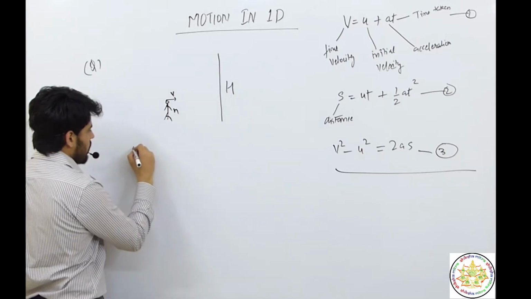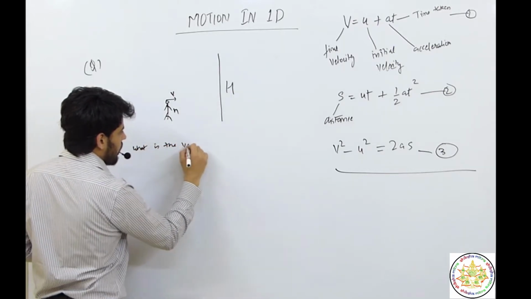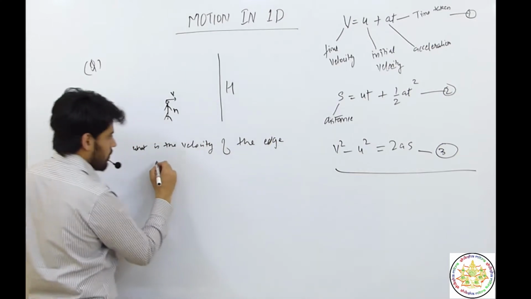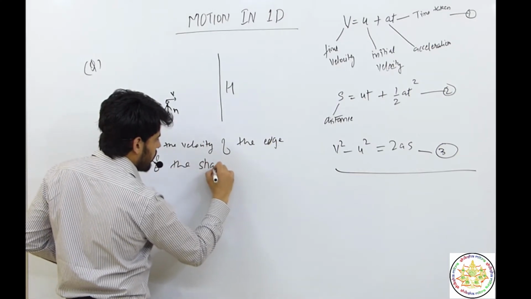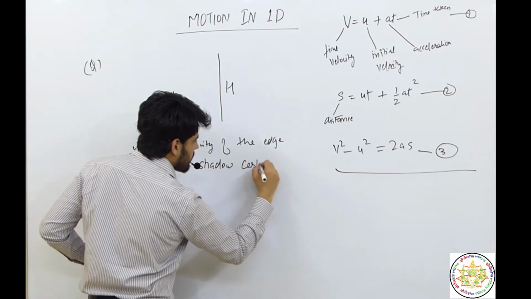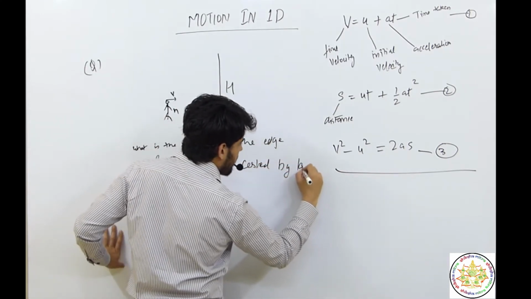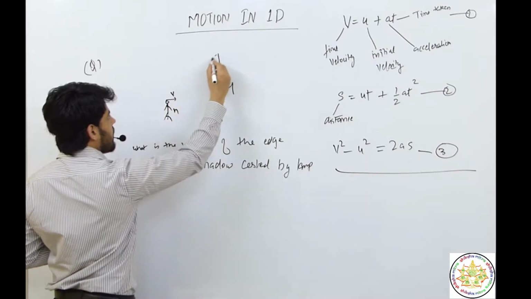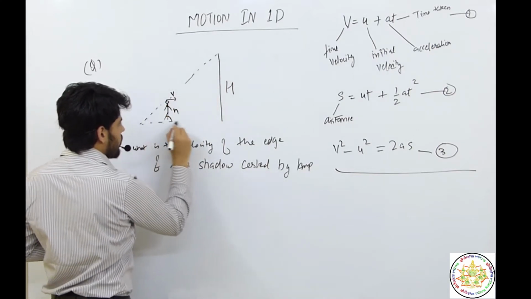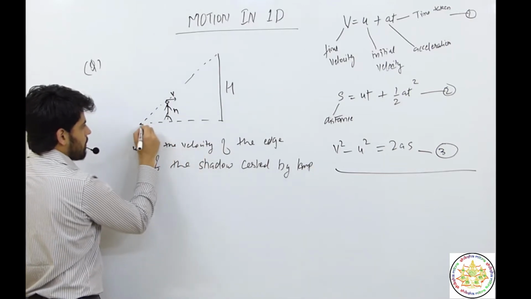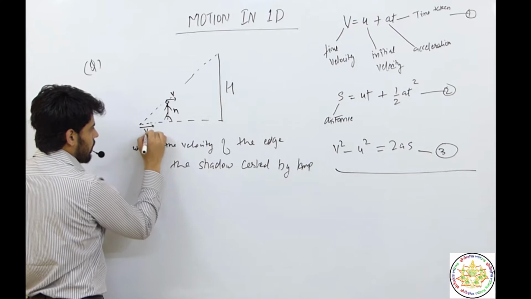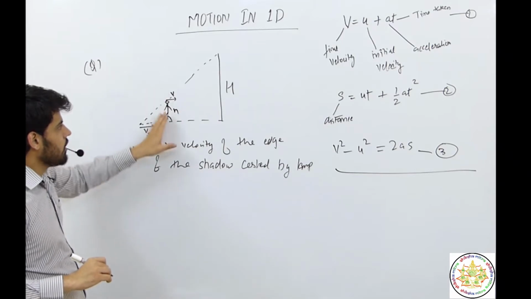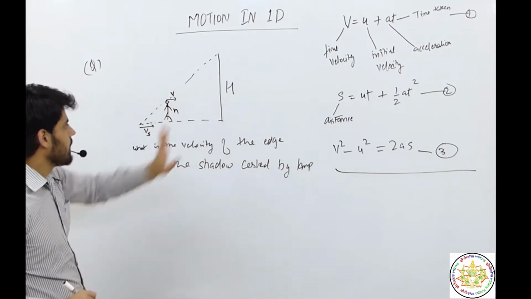What is the velocity of the edge of the shadow cast by the lamp? The shadow of this man will fall approximately here, so we have to find v of shadow, the velocity of shadow, when the man is moving with a velocity of v towards the lamp of height H.